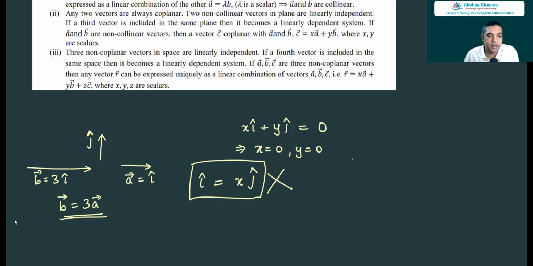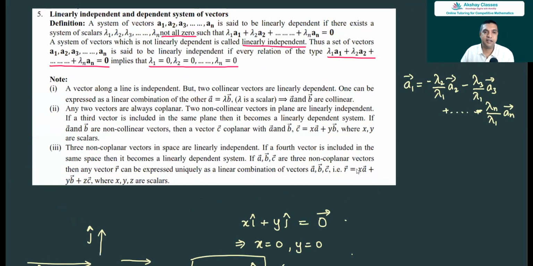But we cannot write j cap in terms of i cap or i cap in terms of j cap. So they are linearly independent vectors. If a linear combination of i cap and j cap is a null vector, it means that both the scalars x and y are zeros. That's the only possibility.